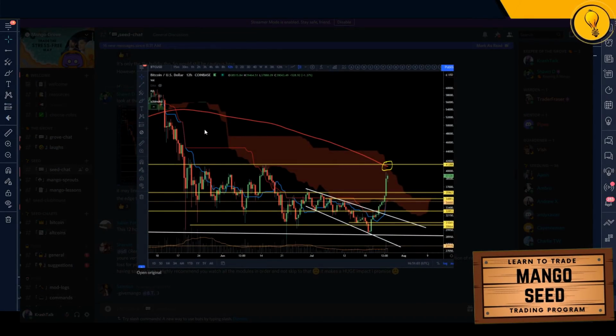He used that 1 hour divergence play and went over to his 12-hour time frame, looked at that 200 simple moving average, and that was a major point of resistance overhead, which also had confluence at that 40k region. That 40k region, guys, is not only a region of resistance on the 12-hour time frame, it is also a region of resistance on the daily as well as the weekly time frame. So that was a very important region.